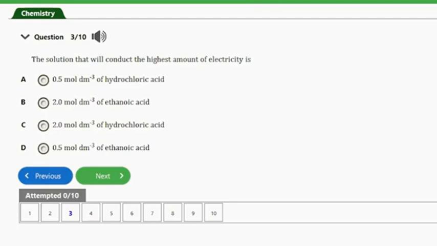So guys, the answer to this question is option C here, and that's 2.0 moles per dm cube of hydrochloric acid. So we have to consider that here we have 2.0 mole per dm cube, which means the concentration is high.